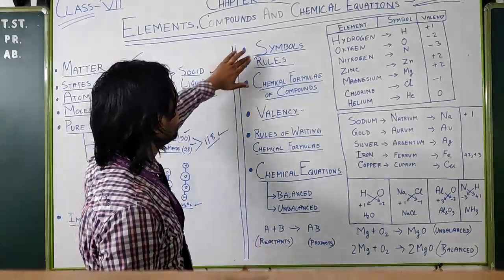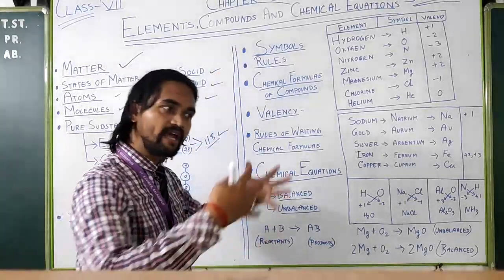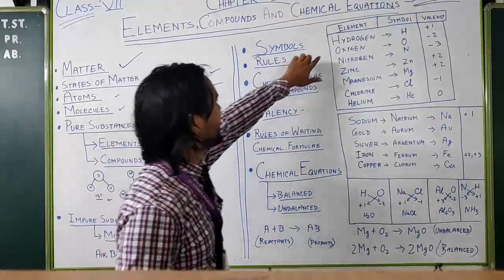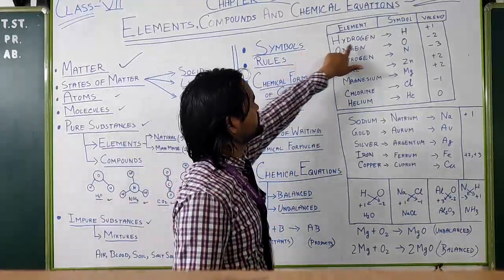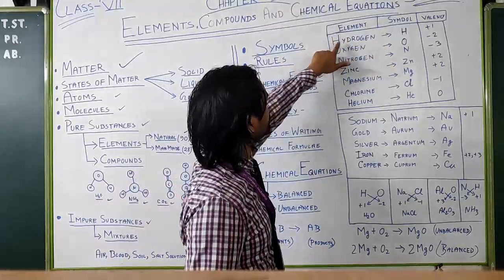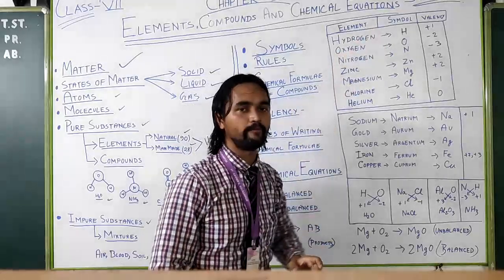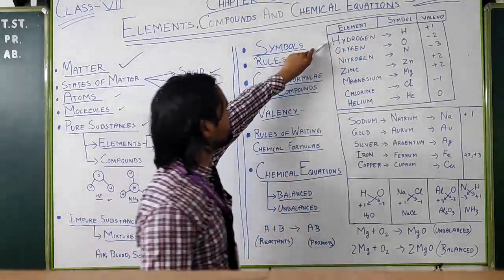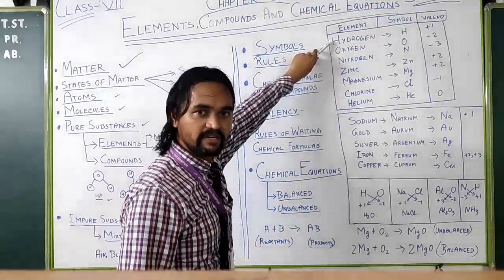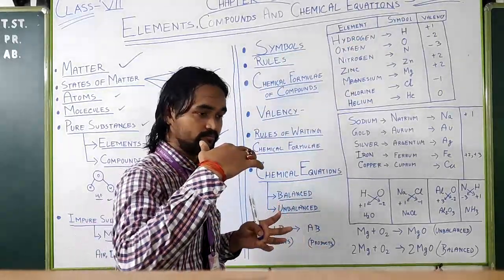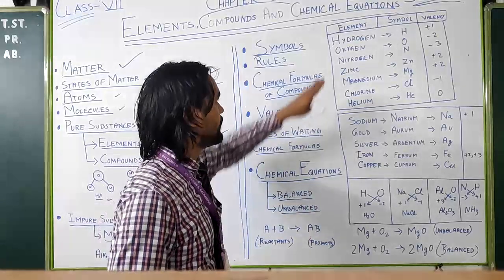What are the advantages of using symbols? Why do we use symbols? Because if we write hydrogen, it will take much time. That means H, Y, D, R, O, G, E, N. We have to write the total in spelling form. It will take much time, and there are maximum chances to misspell.